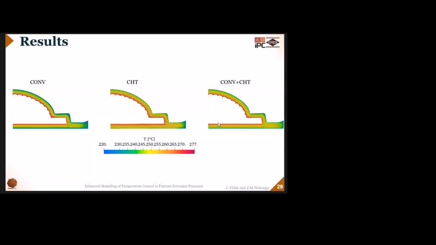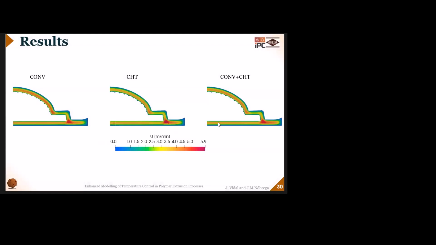So in the temperature field at that outlet, we get considerable difference between the conventional and the CHT approach. We see that the conventional way is more restrictive to the flow as we get lower temperatures at the walls.